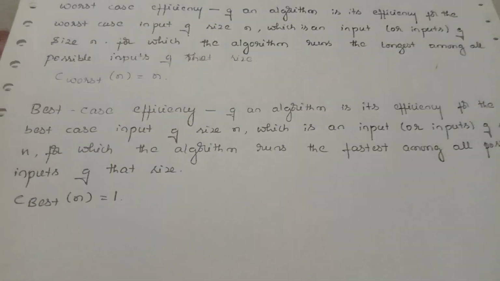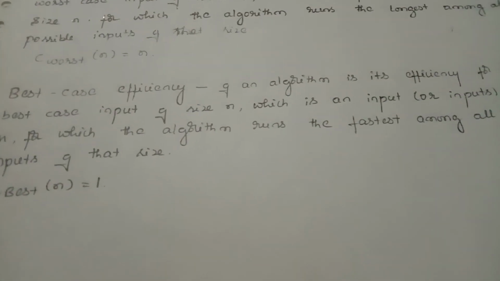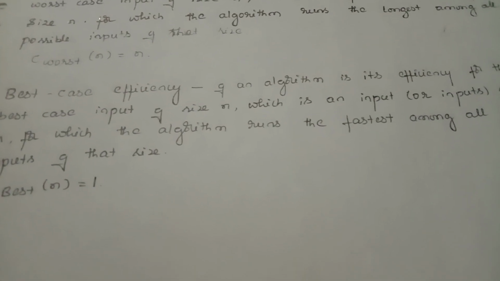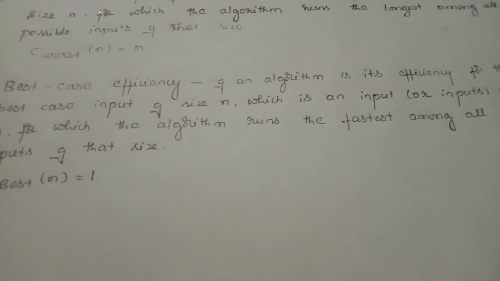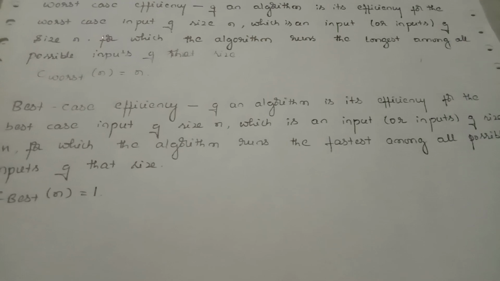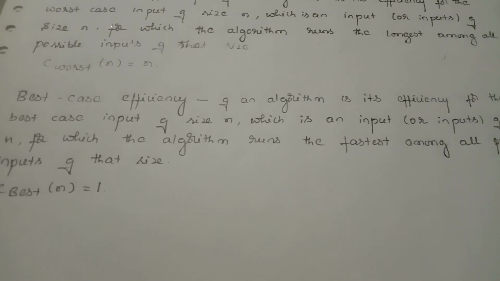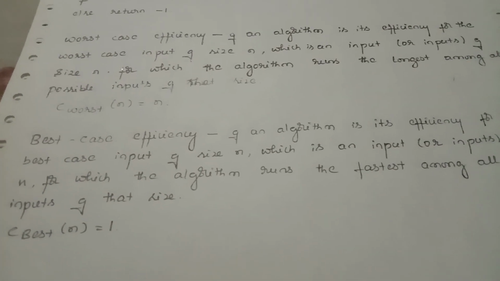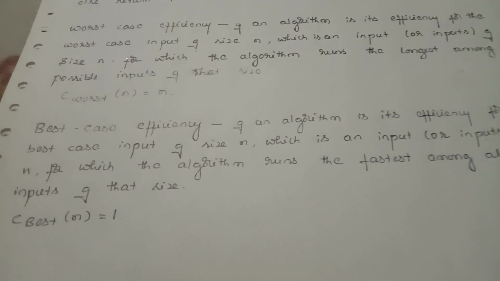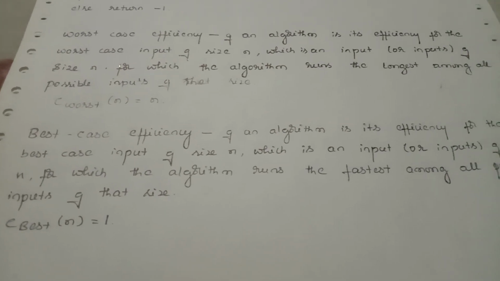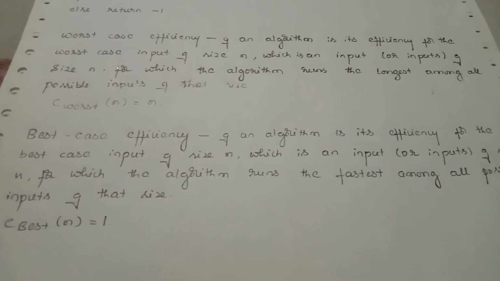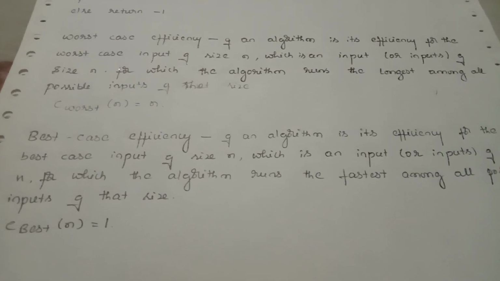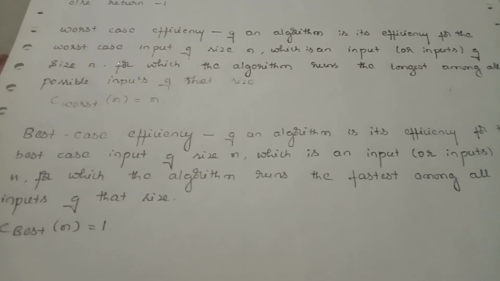Then coming to the worst case, best case and average case efficiencies. When we have an algorithm, we measure the input size, and after that we find the basic operation in the algorithm, and we see how many times this basic operation runs.